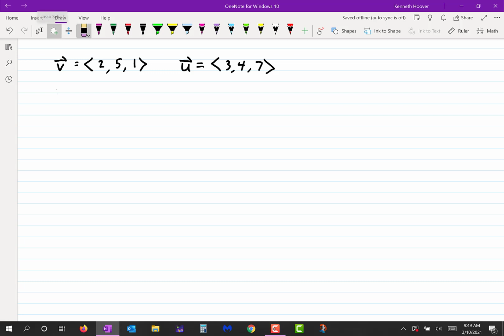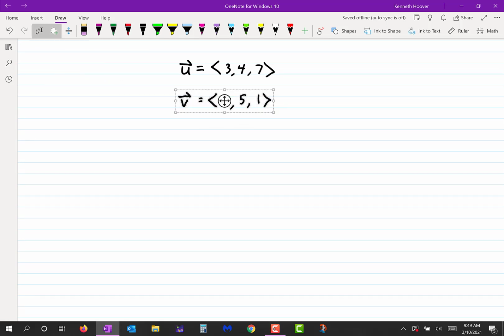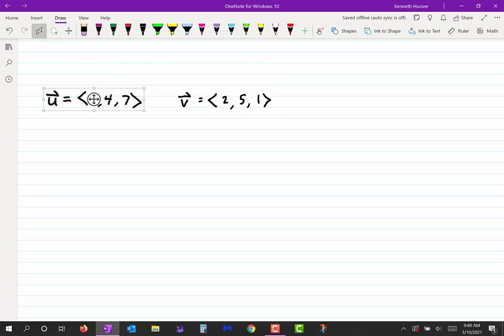Because we're doing a scalar triple product, I'm going to switch the order here. Let's put u, v instead of v, u, and let's put a third one on here, w. Let's say that w equals the vector with these components, 6, 8, 9.